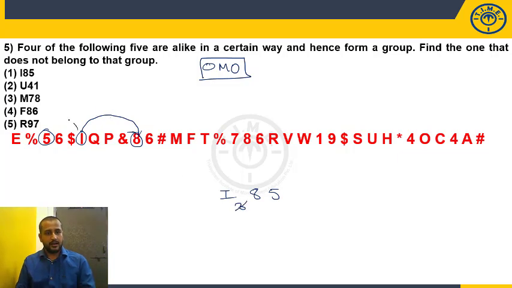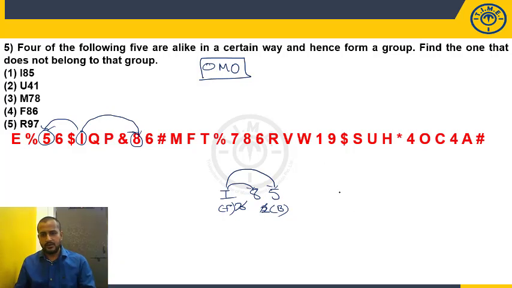Remember that. And I to 5, how many elements are missing? 2 elements are missing, but in the backward direction. It is backward direction and it is forward direction. Here is 2, here is 3.